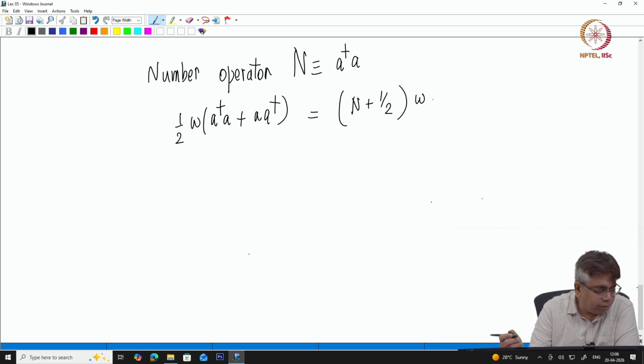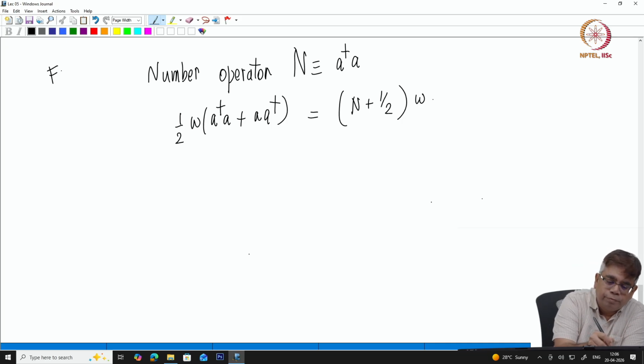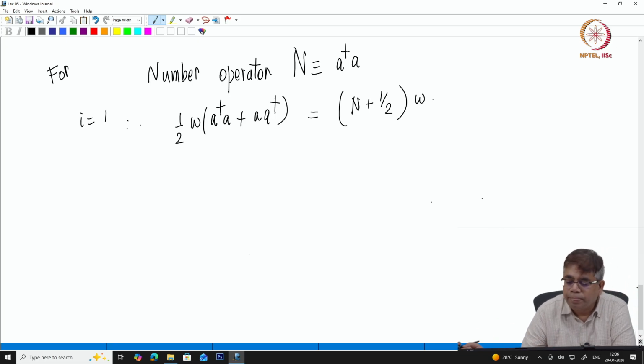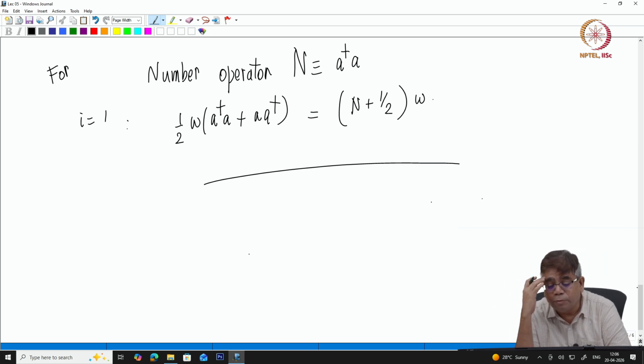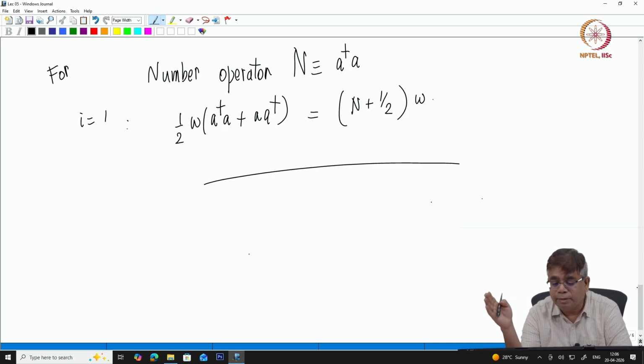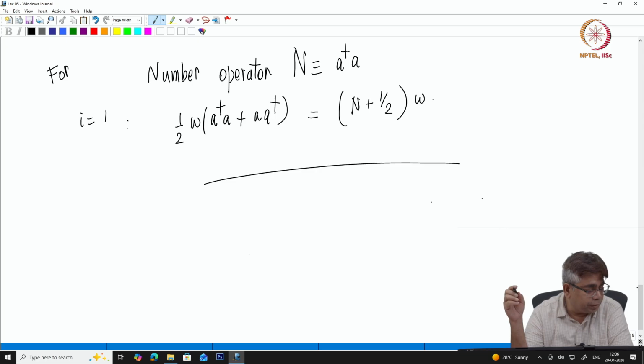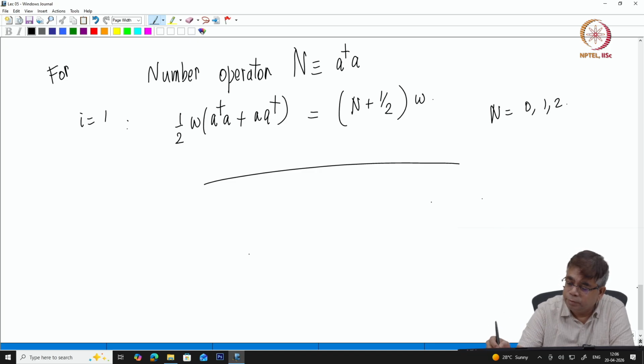Generally, for i equals 1, for one single harmonic oscillator, we have this particular thing: N plus half. This is well known to you. The number operator has the ground state equal to 0, and n equals 1, 2, 3 and so on. So essentially n is equal to 0, 1.